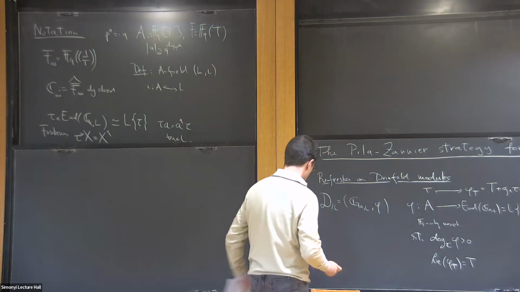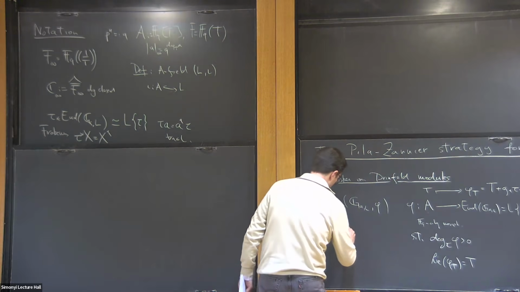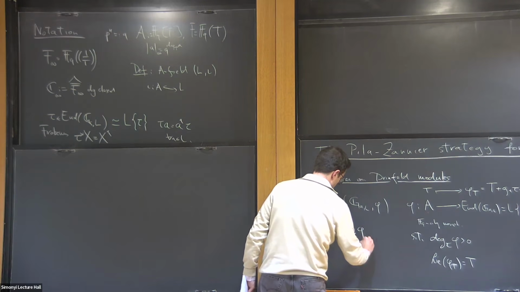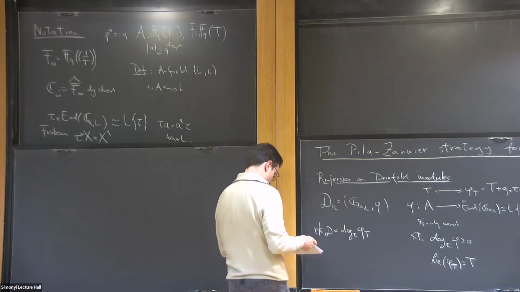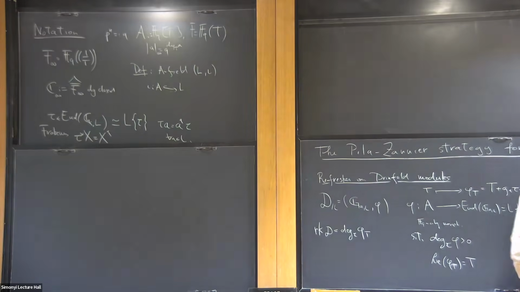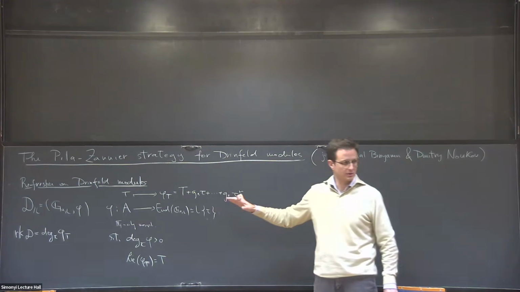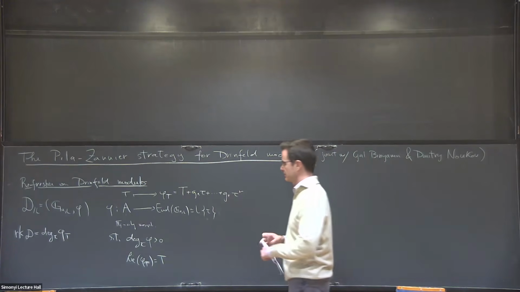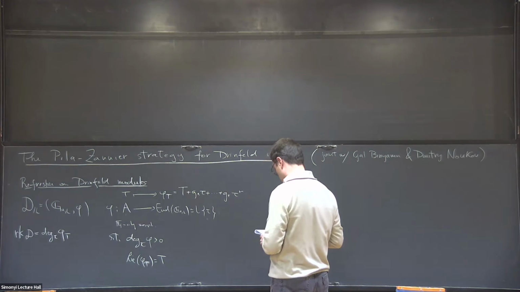So we can define the rank of the Drinfeld module as the degree in tau of phi of t. Let me note that by this definition, we can define Drinfeld modules for every rank. We're going to see also what it means at the level of analytic uniformization.